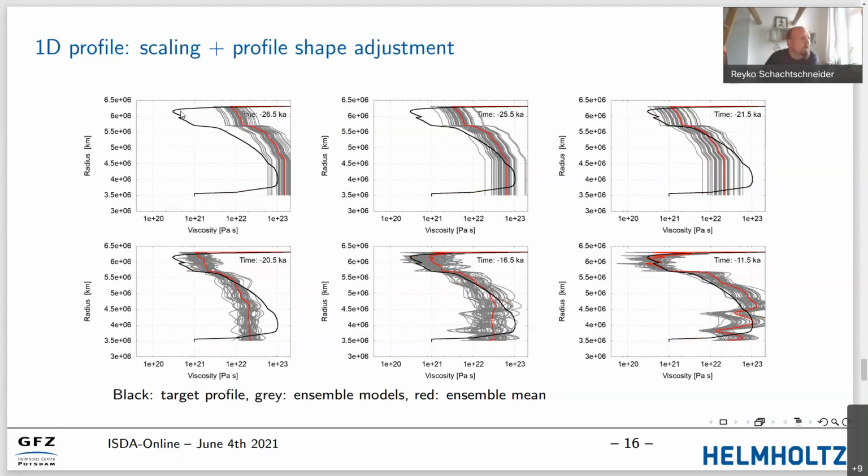Here it's even farther away, at least in this part. It's at least 2 magnitudes, maybe 1.5 or a little less than 1 in this part. But the filter is even here able to converge. The ensemble mean moves here towards lower viscosities, and then from here we can start to adjust the profile shape.